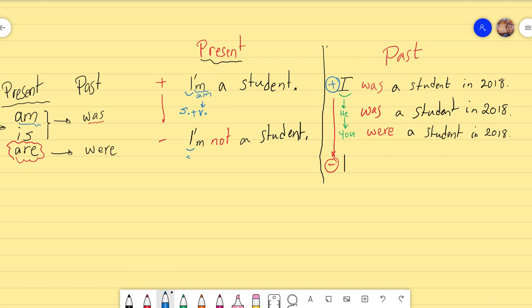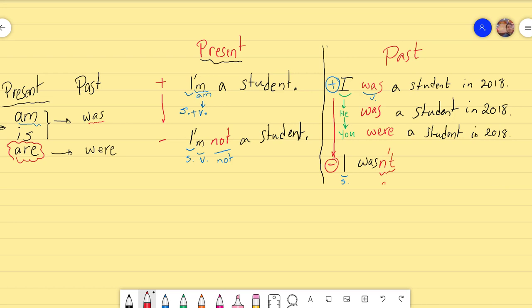Here we had subject, verb, and then not. So the same here. Subject. What is the verb? Was. I was. What is the negative? What makes it negative? Not.